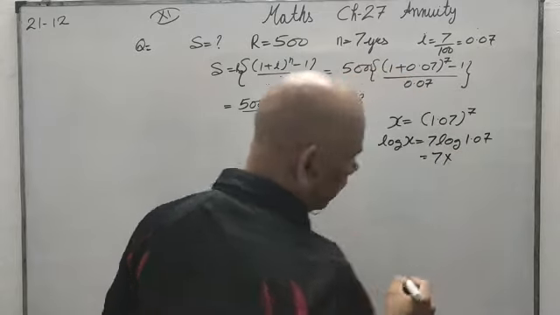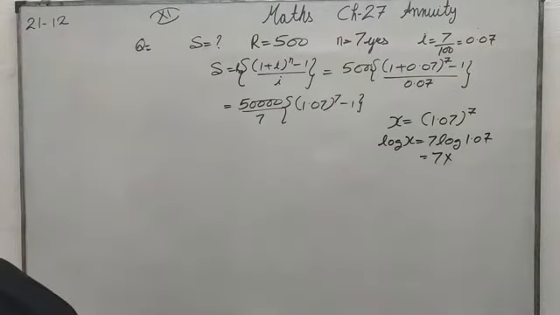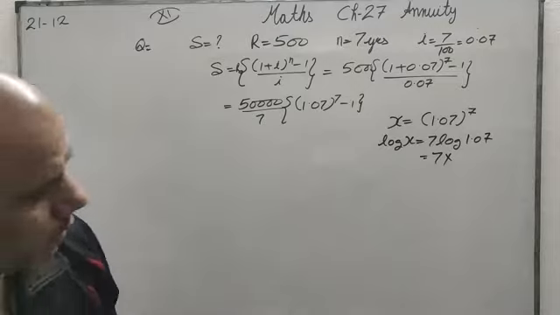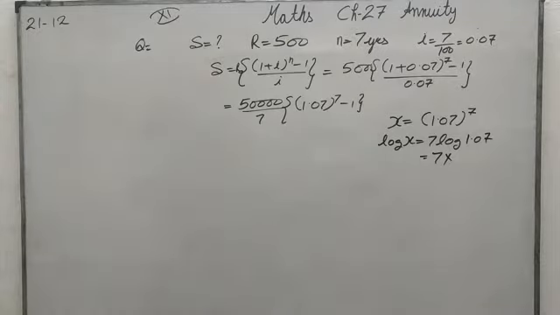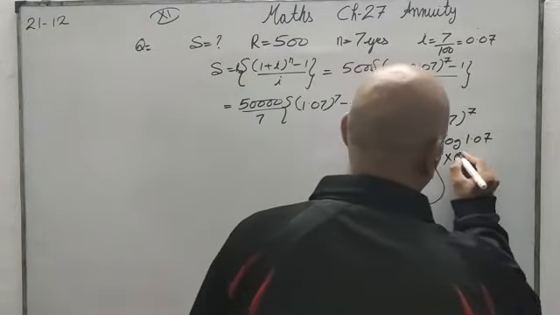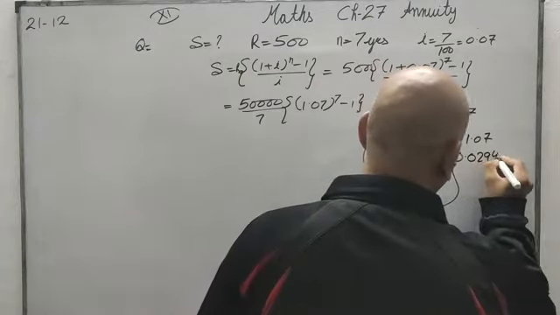What is the value of log 1.07? Logarithm of 1.07 is 0.0294.